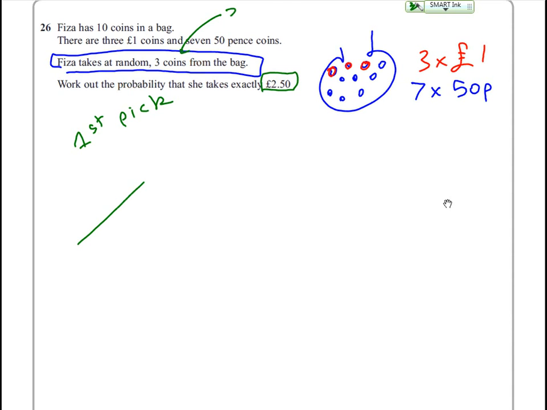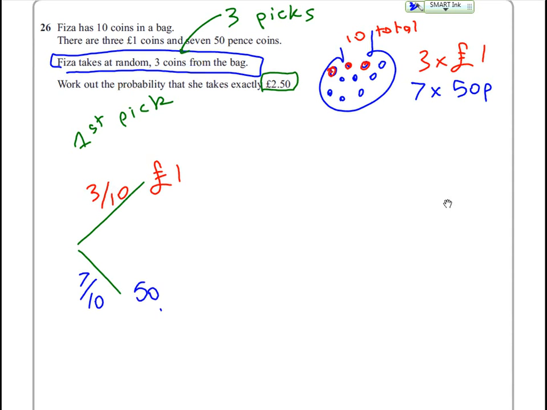3 picks. Okay. The first pick of a coin, probability of her getting £1 is going to be 3 out of 10. Because there's 3 £1 coins and 10 in total. Okay. So the probability of getting a 50p is 7 in 10. Now, this is a crucial bit.